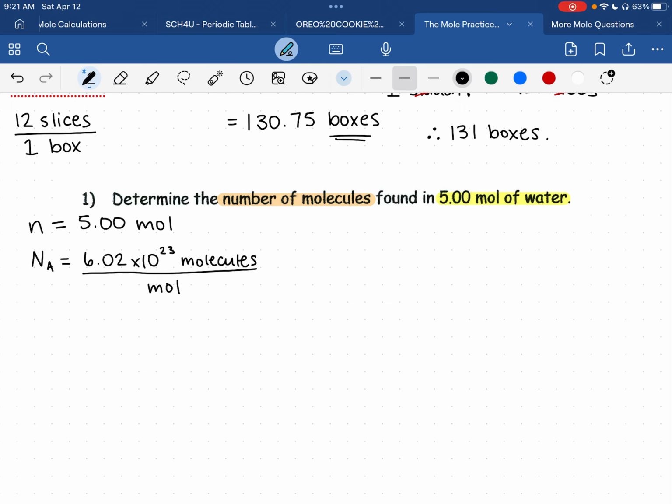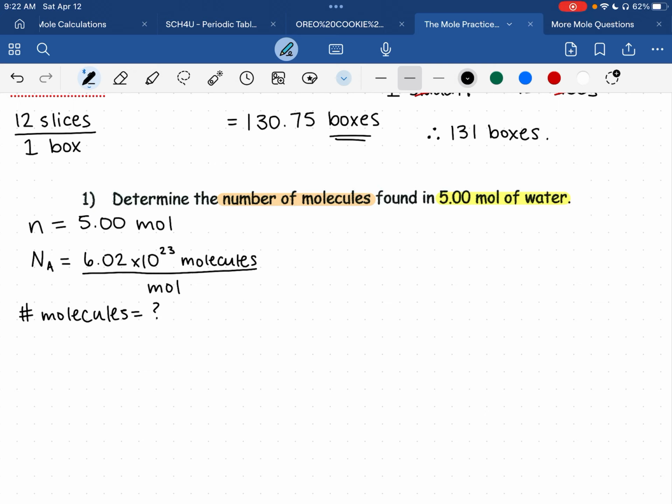So those are the givens for this question. The number of moles is the given, and then Avogadro's number is the conversion factor that we need to use. And we're looking for the number of molecules, so that's going to be the unknown. So the unknown is capital N, which is sometimes the placeholder. Sometimes I'll instead write number of molecules equals question mark.